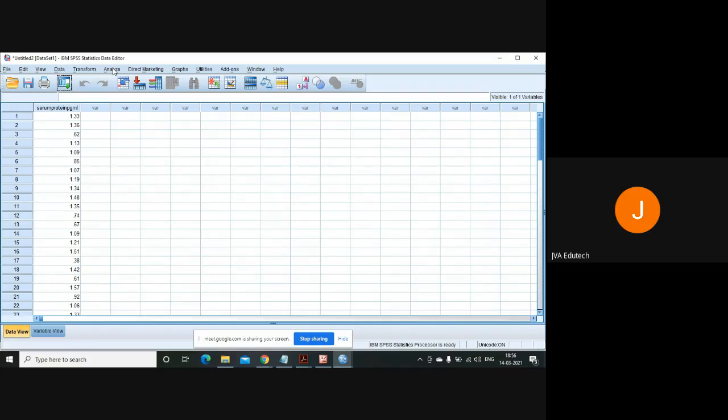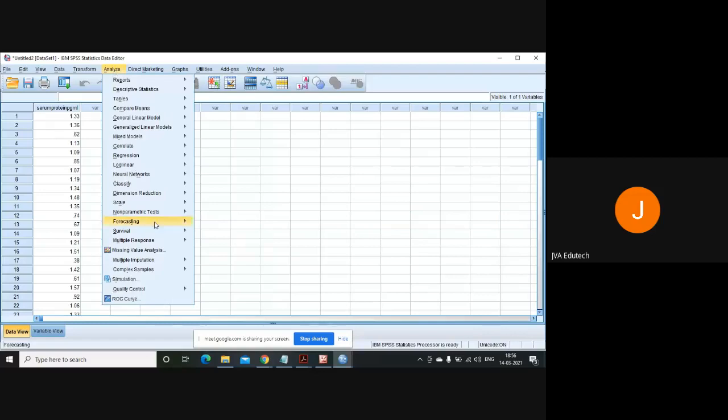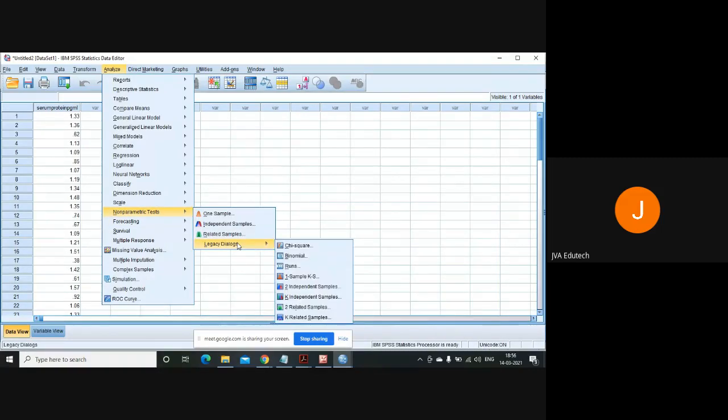So let's see how it works out. Go to Analyze, and then Non-parametric Tests. If you have SPSS 18 and above, you will find Legacy Dialogs, and then one sample KS.